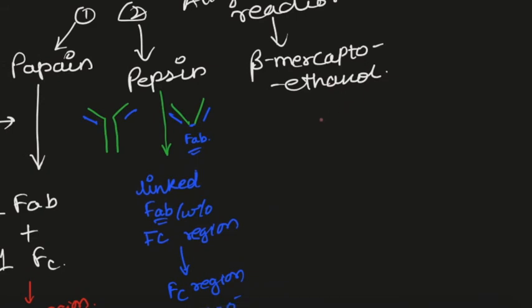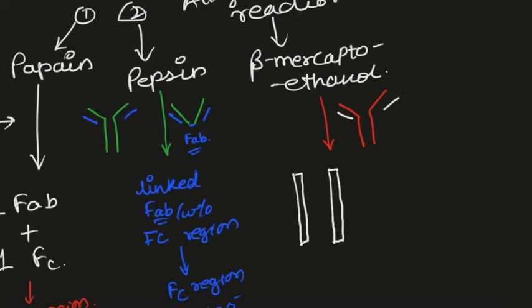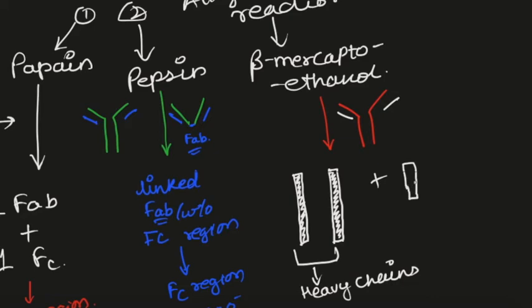Now if we talk about the alkylation reaction, in the presence of beta mercaptoethanol, if we treat an antibody with beta mercaptoethanol, then at the end of the reaction we are going to get separate heavy chains plus separate light chains.